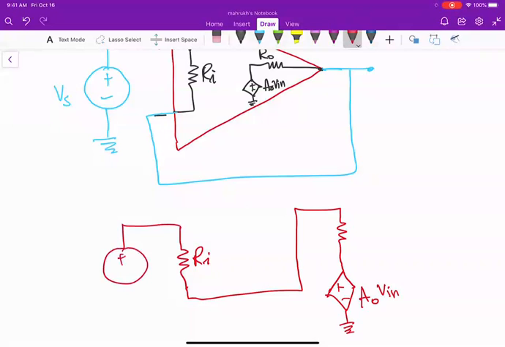And then this is connected to VS. This is your R naught, okay, and as this was your V naught, so your V naught is across your R naught.